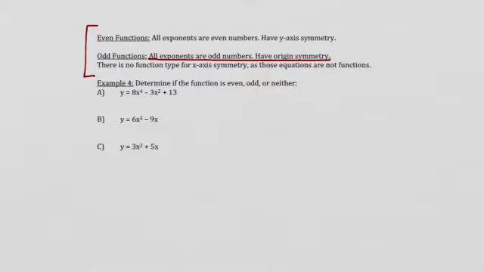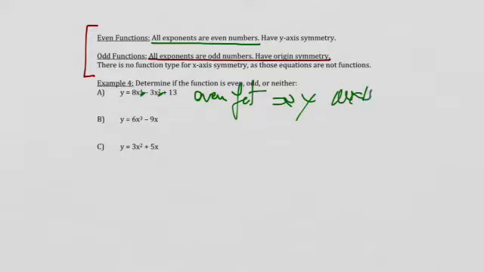So odd function, origin symmetry. Even function, all exponents are even numbers, has y-axis symmetry. In that case, I have a 2, I have a 4. This is an even function, and that implies y-axis symmetry.